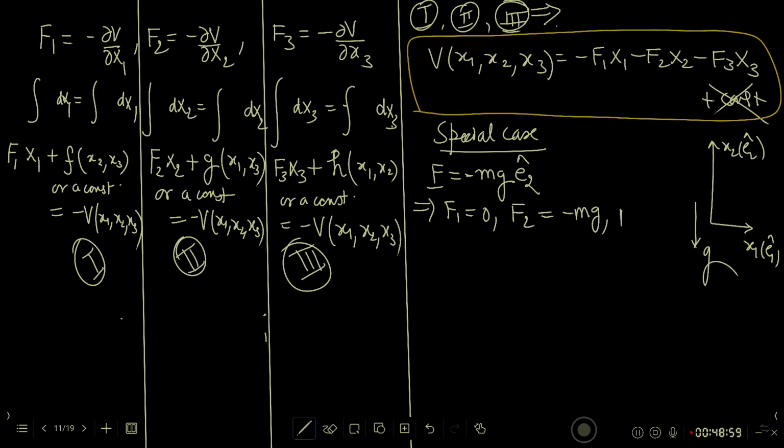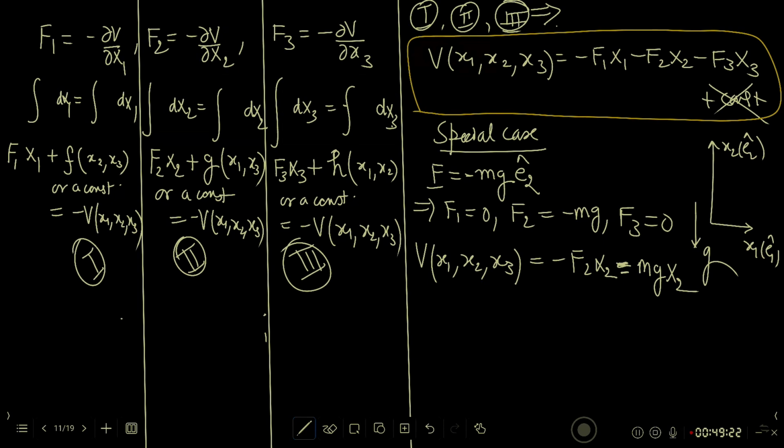What should be the potential function? Potential function should be minus F2 x2, which is plus mg x2. A result that we have used for a long time. We call it potential energy of the body.